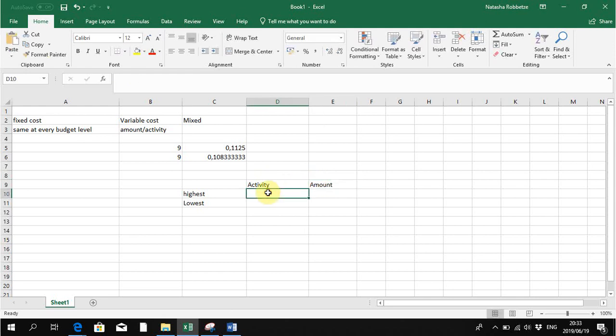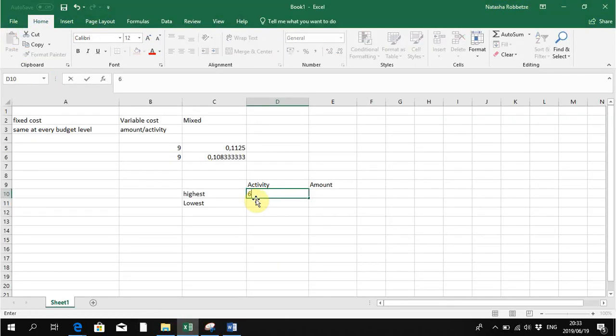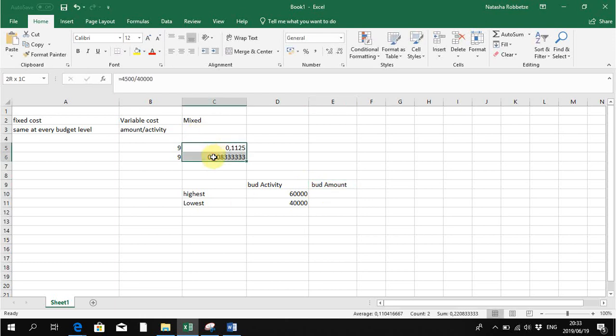So for electricity, the highest budgeted activity is 60,000 units, and the lowest budgeted activity is 40,000 units. Please make sure that this is the budgeted activity and the budgeted amount. The budgeted amount for electricity, because we now recognize that electricity is a mixed cost, we will apply in this next step.